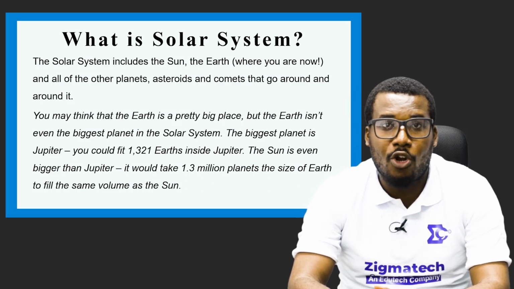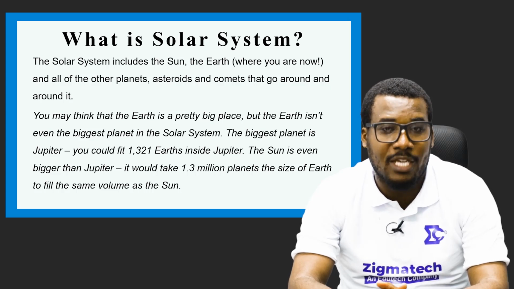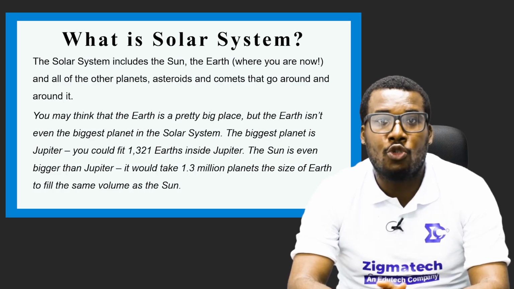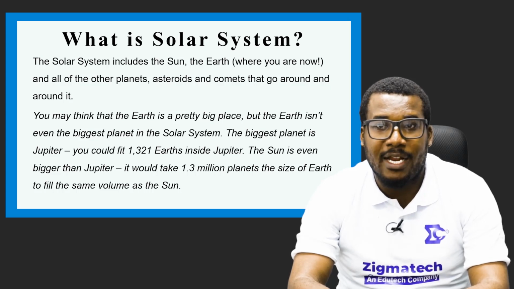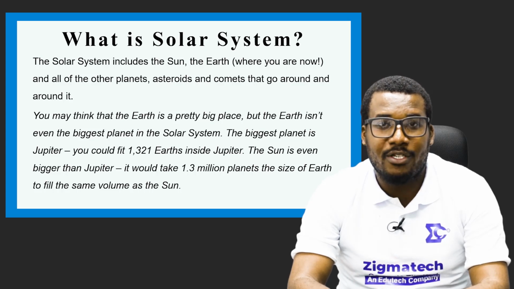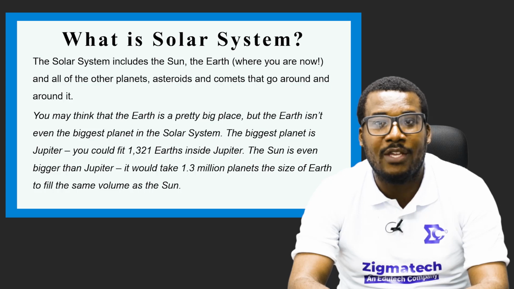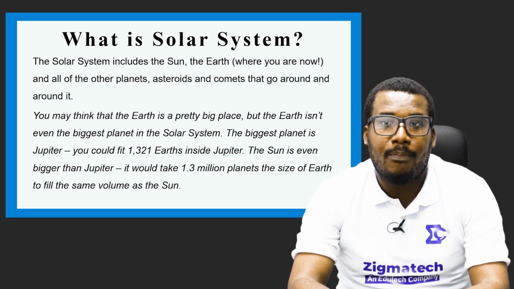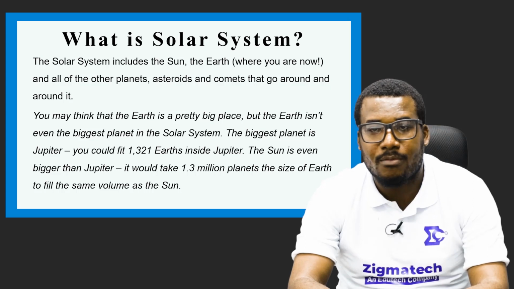Scientists came to the knowledge that Pluto is a dwarf planet, meaning a smaller planet in size, and due to its sheer size, it has been removed as one of the main planets that make up our solar system. Therefore, we're having 8 planets.